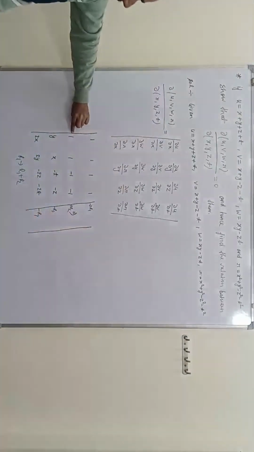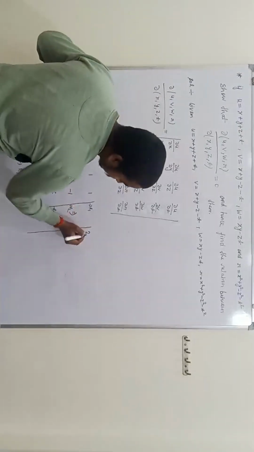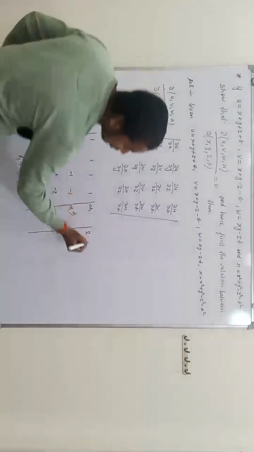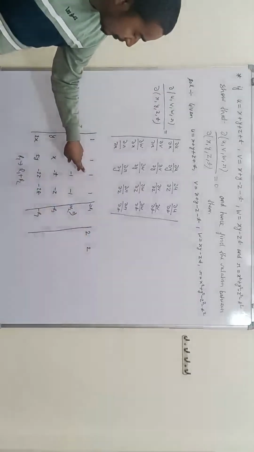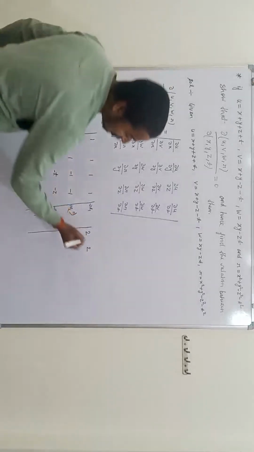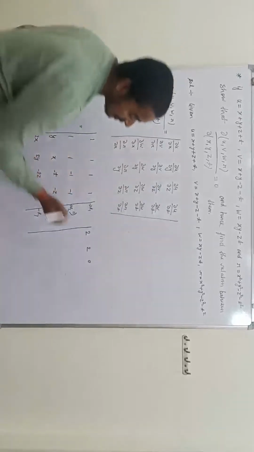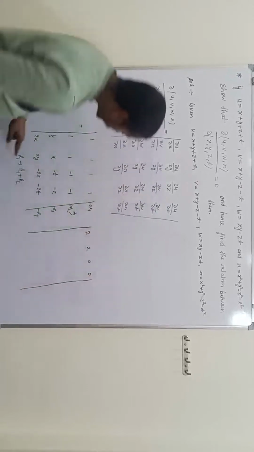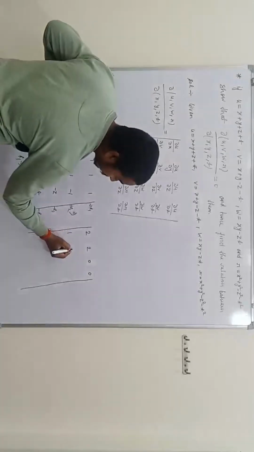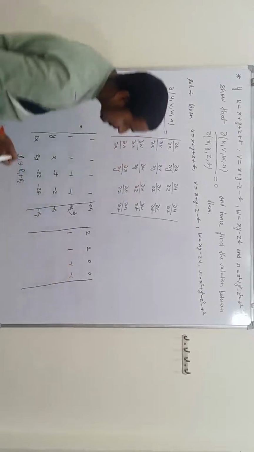Further we have to write the determinant of r1 plus r2, that is 1 plus 1 is 2 and 1 plus 1 is also 2, and from here 1 plus minus 1 is 0, and here also plus 1 and minus 1 is 0, and r2 is unchanged, that is 1, 1, minus 1 and minus 1.